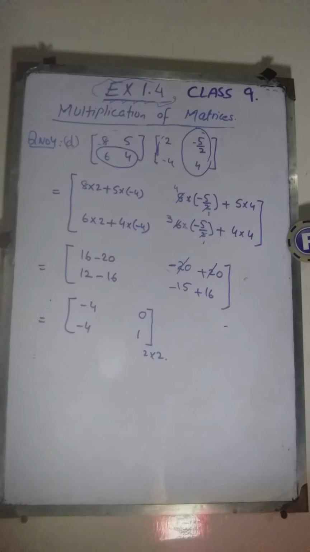Now coming to the last part, it's more than easy because we have plenty of zeros here. Question number 4, part C. This is the matrix negative 1, 2, 1, 3.